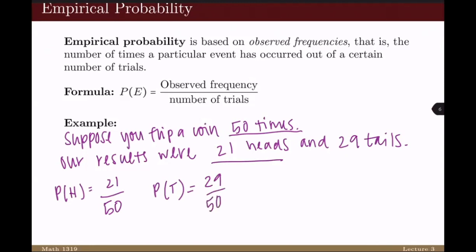So typically when we're using the theoretical probability, we would say the probability of getting heads is a half, the probability of getting tails is a half, or 50-50. But in an empirical probability, you are using something you've observed from your trial to create this probability based on observed data. So that's the difference between theoretical and empirical probability. It's this observed word. Okay.